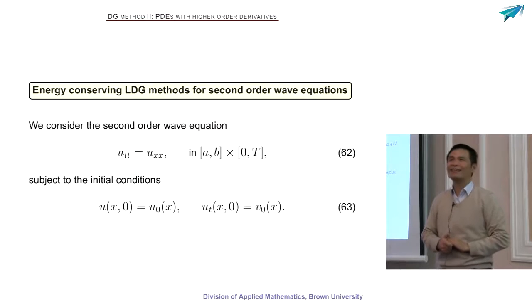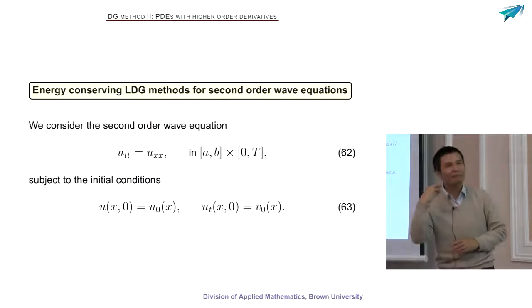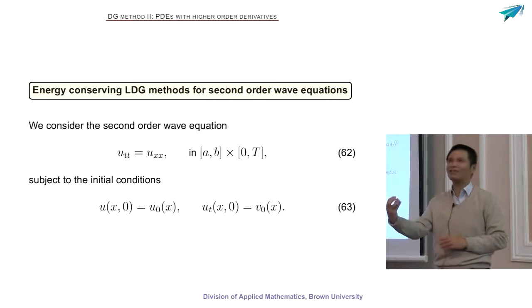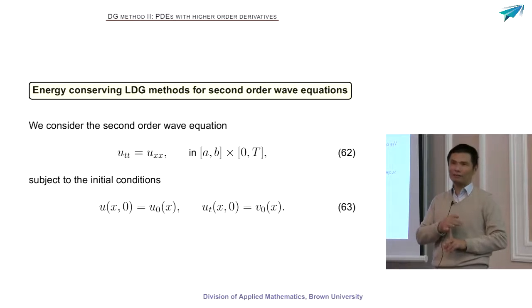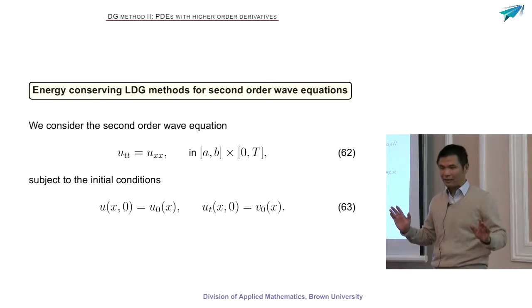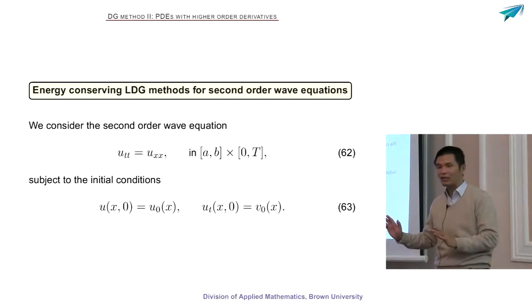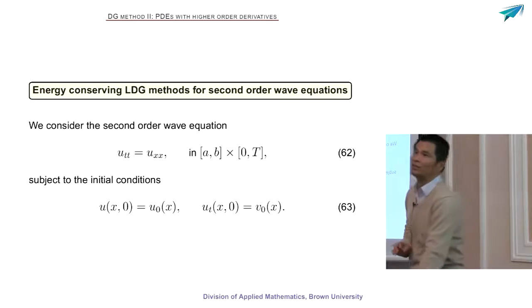You could call this structure preserving, that you keep some physical quantities invariant, for example energy, which could help you for long-time simulations. So then I agreed, okay, fine. In some situations you need energy conserved DG schemes.